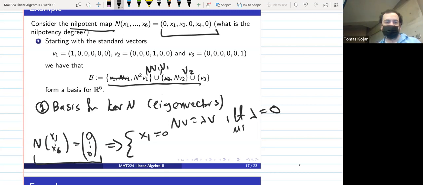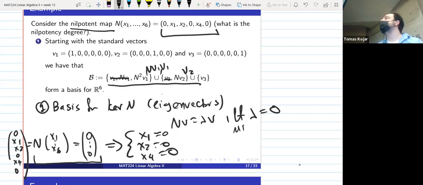Do you guys understand how this works? So you map it, and then you set them to 0. So x1 is 0, x2 is 0, and x4 is 0. Is that okay?